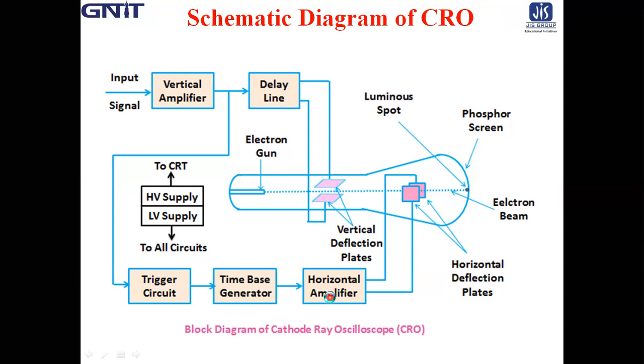The focusing of the electron beam as well as the intensity of the beam can be adjusted by the appropriate control knobs. Power supply circuits are also used to supply the required operating voltage for other circuits of the CRO.